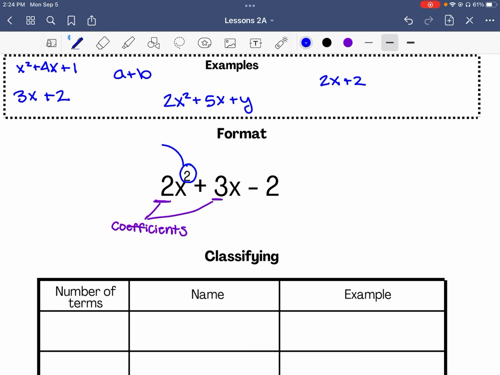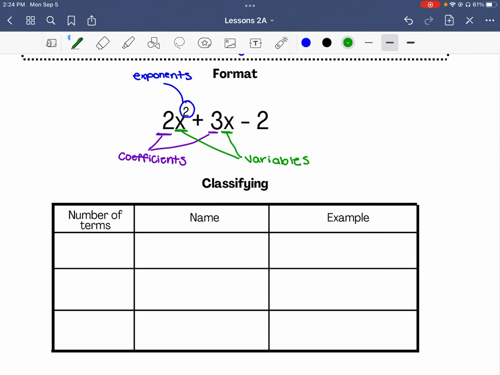Remember that exponents are the small power. And we also have our variable. Remember that variables are placeholders in math. These are the three things that make up a polynomial.